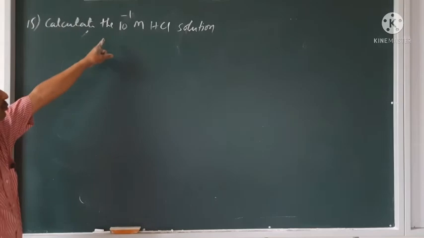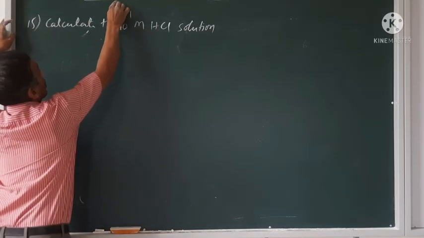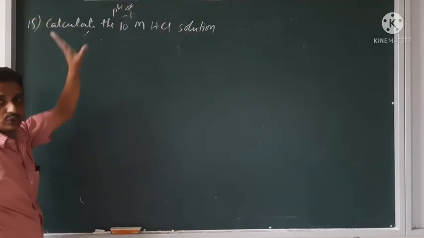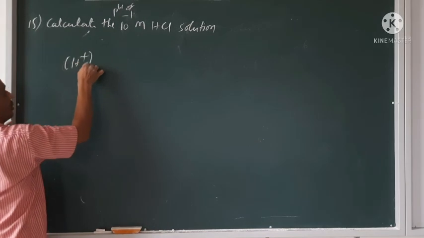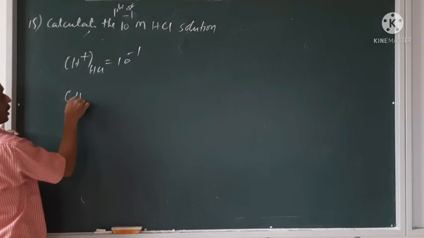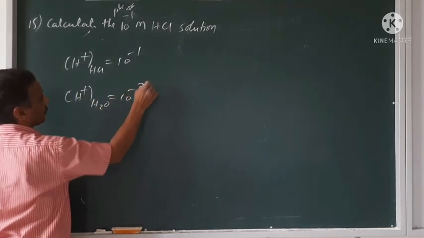Calculate the pH of 10 to the minus 1 M HCl solution. See, H plus given by the HCl is 10 to the minus 1. H plus given by the water is 10 to the minus 7.